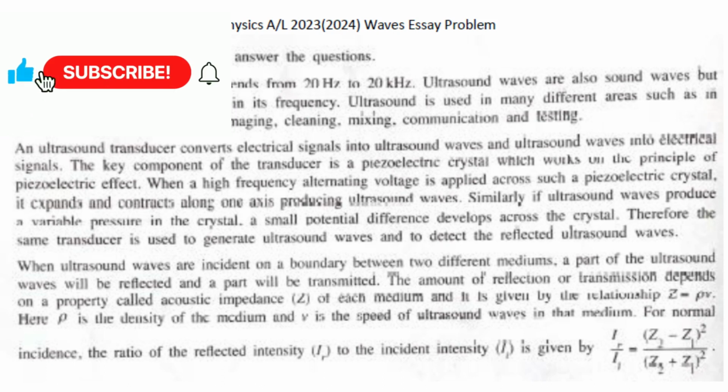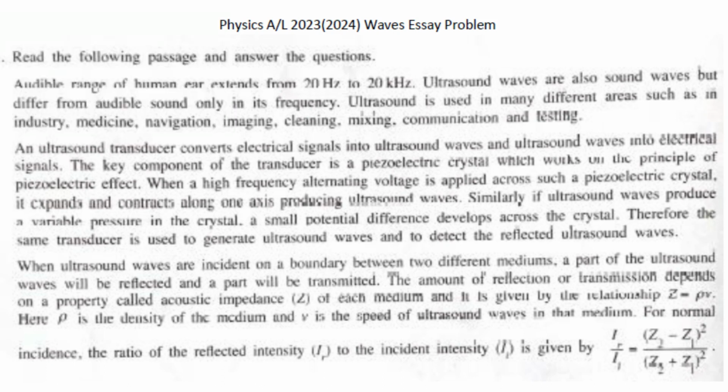For normal incidence, the ratio of reflected intensity IR to the incident intensity II is given by IR divided by II equals (Z2 minus Z1) squared divided by (Z2 plus Z1) squared.